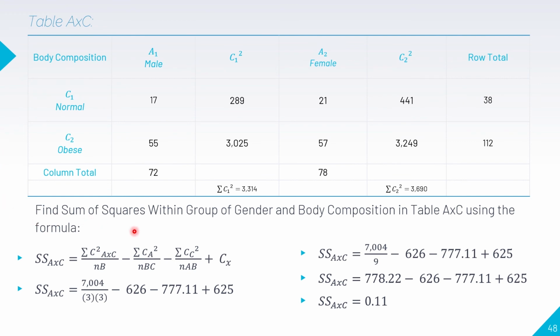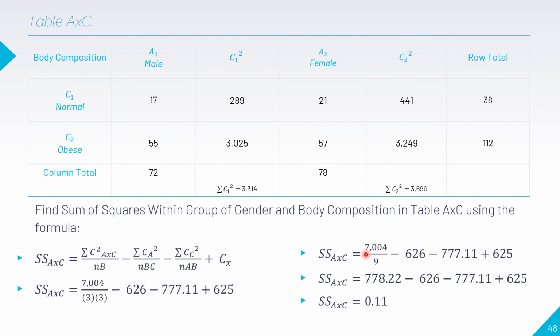Now we go to find our sum of squares within the group of gender and composition in table A by C using this formula. For the summation of C squared in A by C, we just need to add the summation of the C squareds. Now we have 7,004 over N is 3, B is 3, so 3 times 3 is 9.